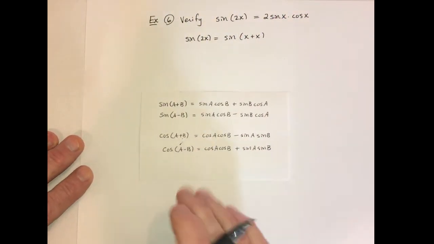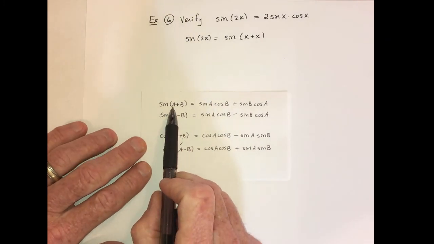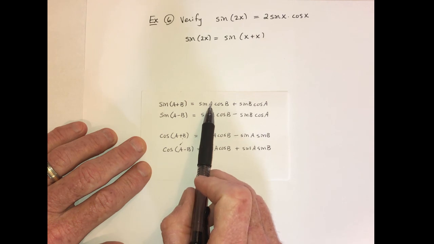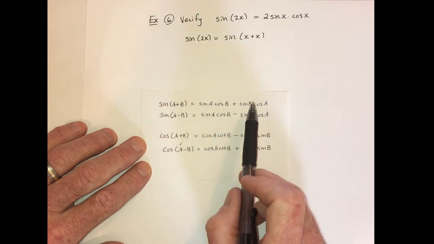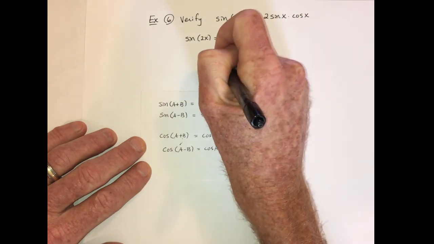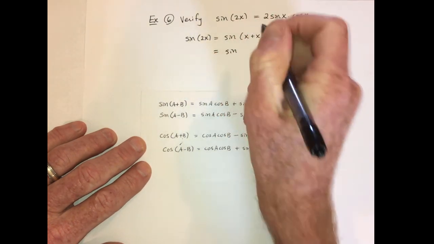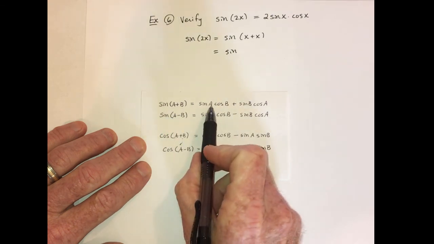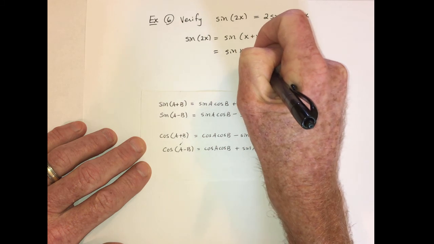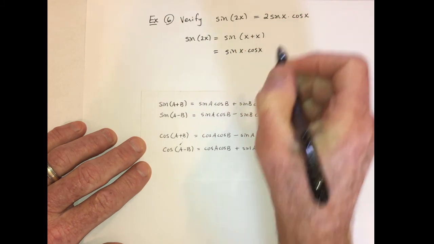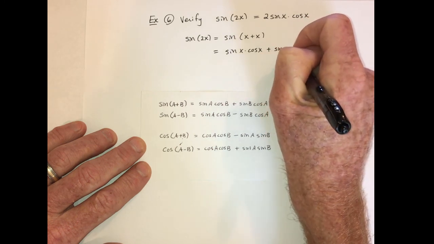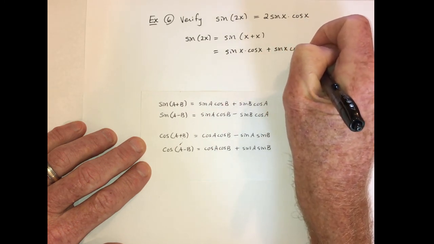And then straight from my memory cells, I remember that it's going to be sine of the first one and cosine of the second one, and then sine of the second one, cosine of the first one. So since both of these are x's, it'll be sine of x, cosine of x, and then plus sine of x, cosine of x.